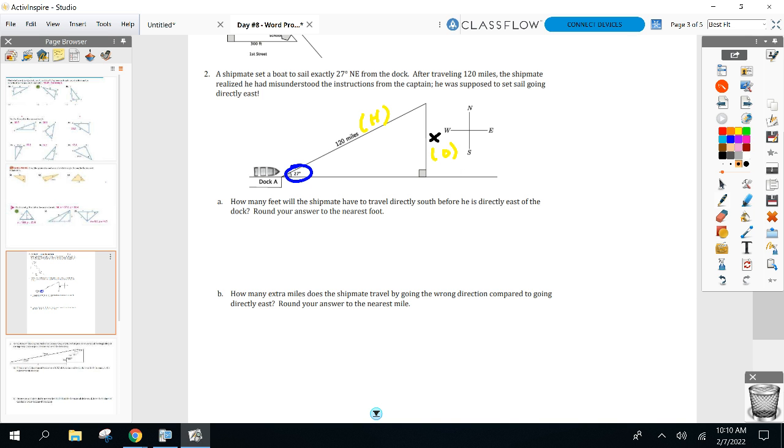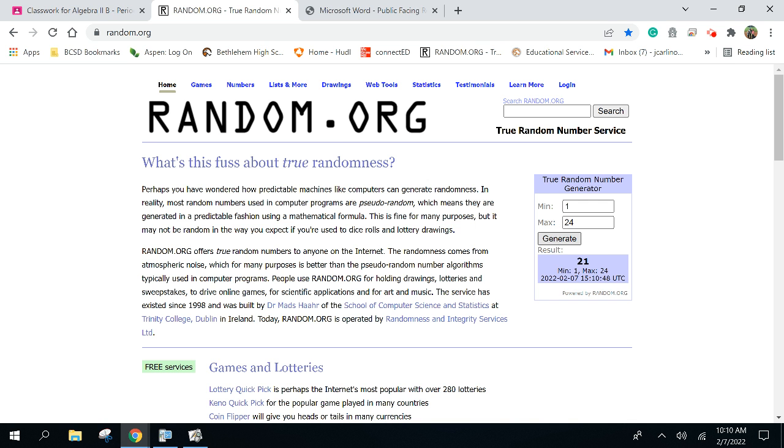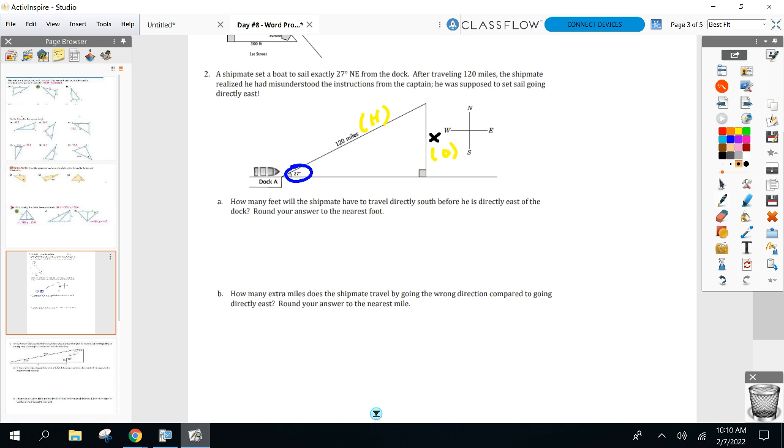Opposite and hypotenuse. So which ratio can I use to solve for X now? Sine, cosine, or tangent, knowing that. Which ratio? Sine ratio. So from Thursday, sine of 27, the angle, equals my opposite side, X, over hypotenuse of 120.